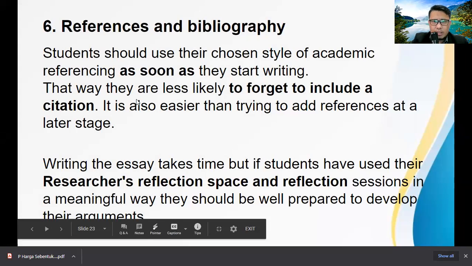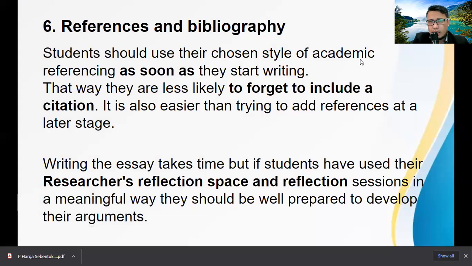Reference and bibliography: once you start your research, you need to write or put in your sources in detail, because if you don't do that, there will be a tendency that you're going to forget your source. So here the students should use the tuition style of academic referencing as soon as they start writing.